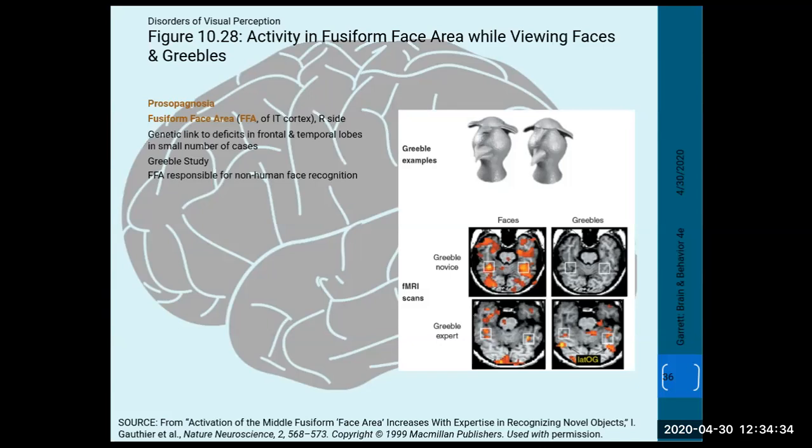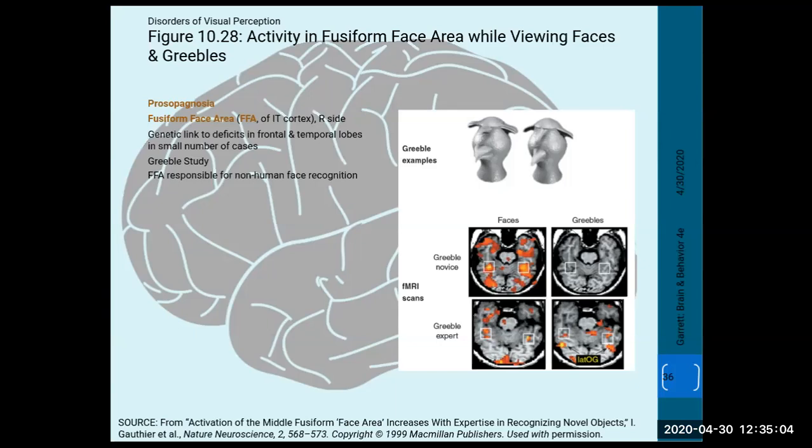So looking at the top left, Greeble faces, we see a lot of lighting up because this area of the cortex recognizes faces. Looking at Greebles, when you've never seen them before, they don't look like faces, necessarily, until you really get used to them. So you don't see those same parts of the brain in the fusiform area light up where activity is going on. So they're not really recognized as faces.